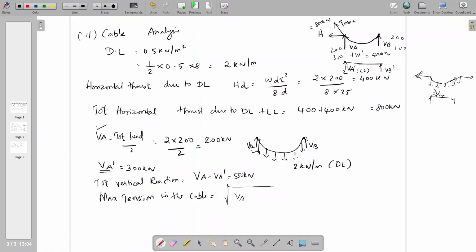Maximum tension is equal to the square root of H square plus V square, which is 800 square plus 500 square, which equals 943.4 kilonewton. So this is one of our solutions.